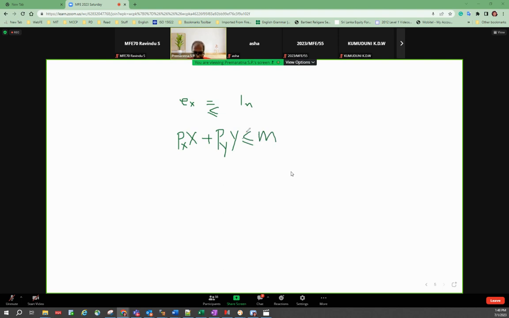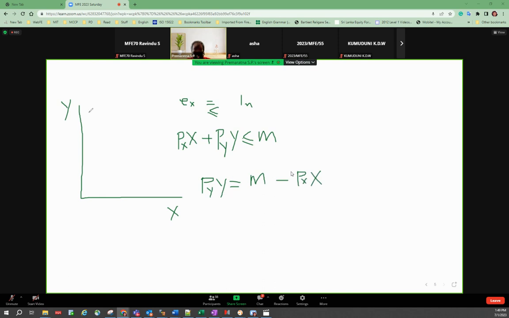If you set equal, we can rewrite here. Let's say the side is Y, this axis X, then you can see the PY equal M minus PX.